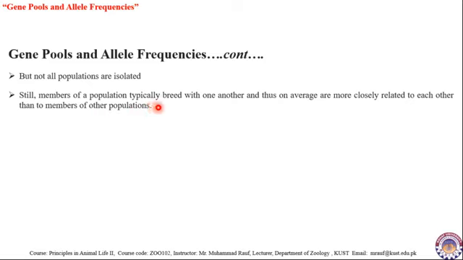So obviously breeding is something where sexual selection is involved, where assortative mating is involved, where the selection of mates is involved.